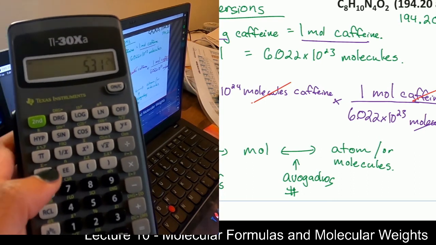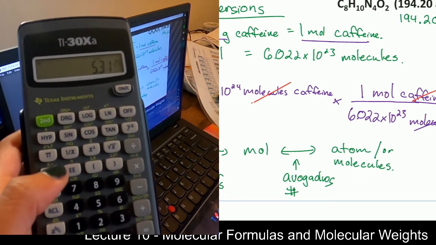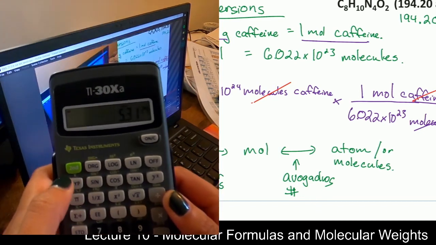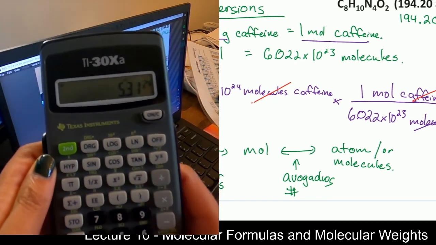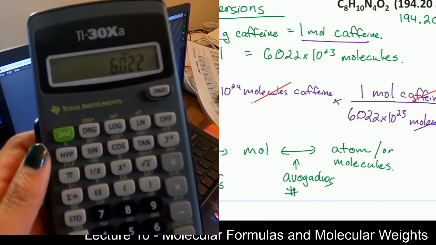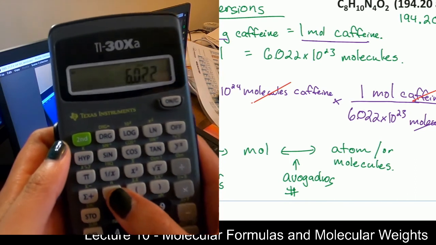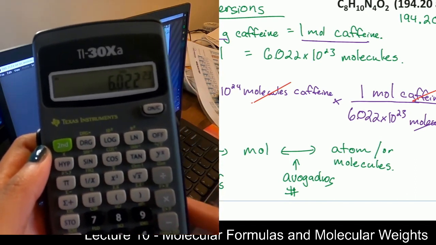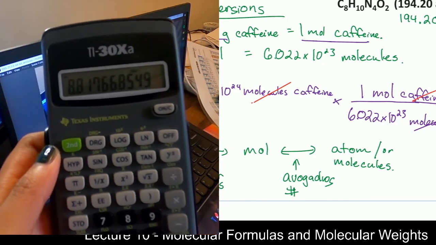I don't have to multiply by 1, but divided by 6.022 times 10 to the 23. So I take that first number, hit divide by 6.022, and then since now we have an exponent in scientific notation, I click that EE button and say 23. I could hit equals.